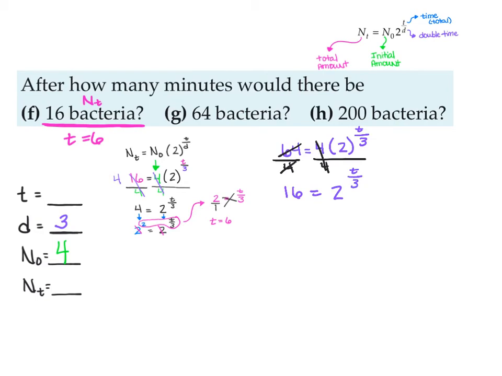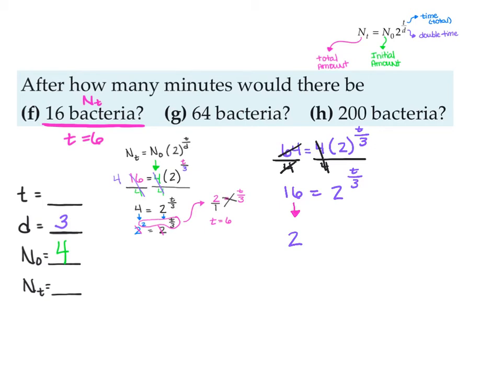Again, you want to get like bases. So I need to make the 16 have a base of 2. If I make the base 2, I then need to ask myself, 2 to the what power would give me 16? I know 2 to the third power is 8.